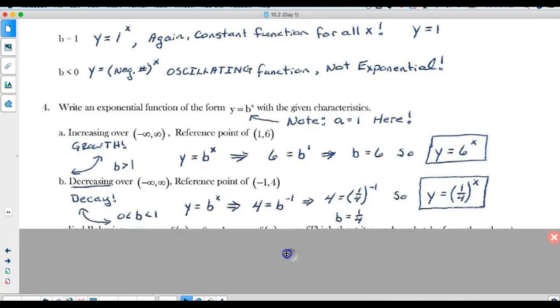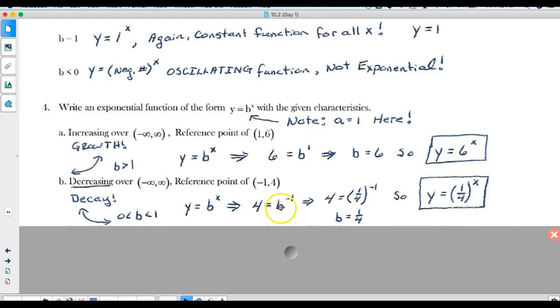If I took my next one here, well, I'm decreasing from negative infinity to infinity, so that means it's a decay. If it's decreasing, which means left to right, it's going to fall. Well, that means my b value has to be between 0 and 1. Well, I'm going to do the same thing. I'm going to take my y equals b raised to the power of x. I'm going to plug in my y. I'm going to plug in my x.